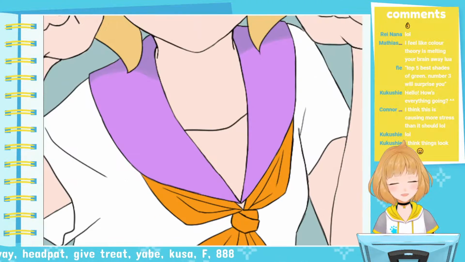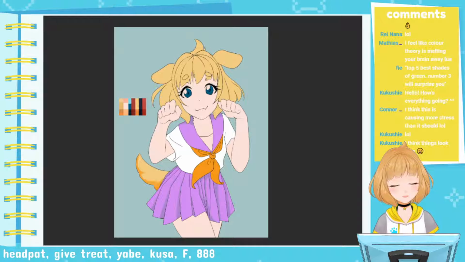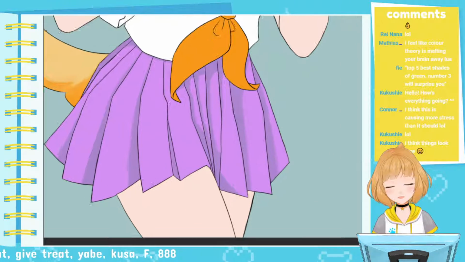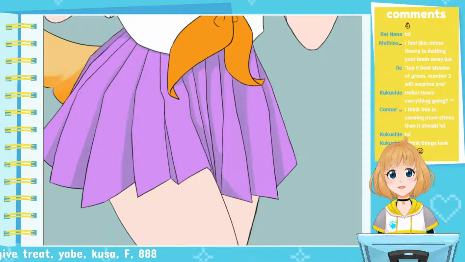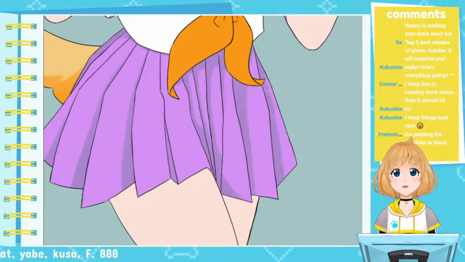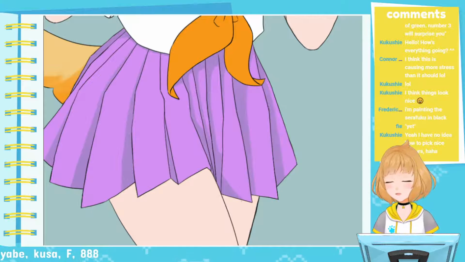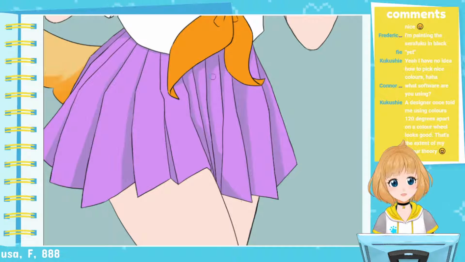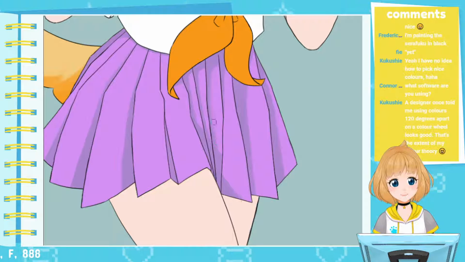On the skirt, I'm gonna keep the color, maybe I'll buff them out a little bit. I was gonna mostly keep the shadows pretty sharp because right now I'm using Clip Studio Paint. I like using Clip Studio Paint for drawing. Pretty much everything else that I do, I use Photoshop.